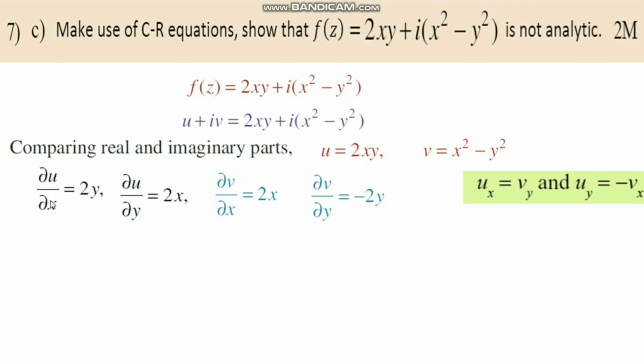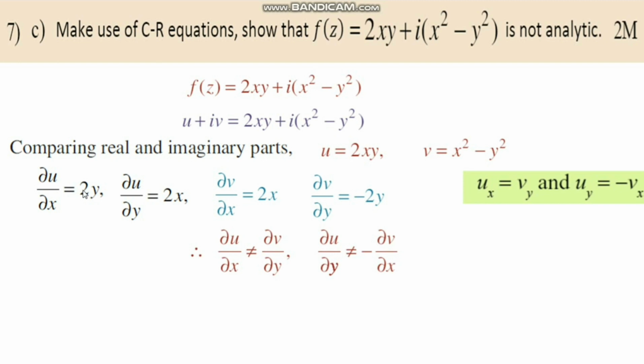When we differentiate one function with respect to x, the other variable is treated as a constant. We proceed in this way for the 4 first order partial derivatives.